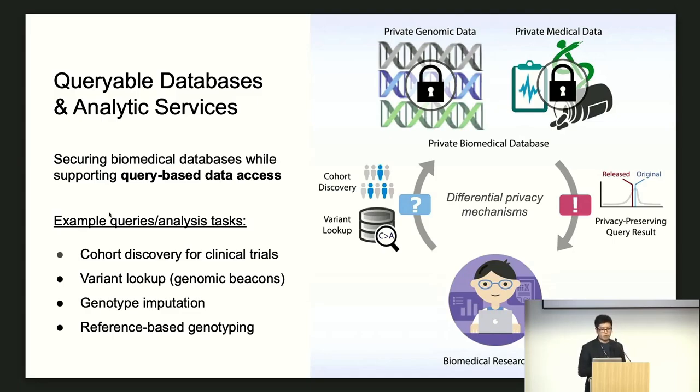There are also these services called genomic data beacons where we're interested in having users look up particular rare mutations of interest to help with clinical diagnosis. And there are some of these other tasks, and these are existing real-world services as well, where we leverage reference panels, so a collection of genomes collected from many individuals to facilitate different types of genome analysis tasks.